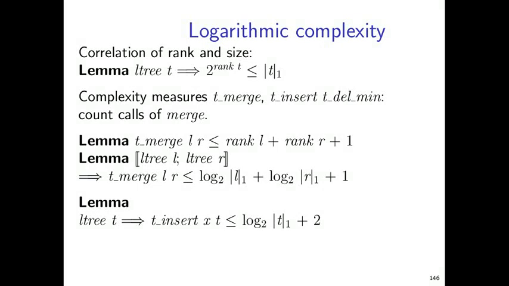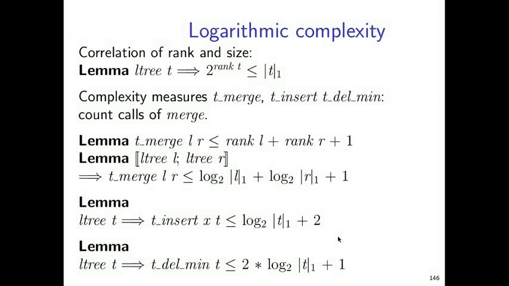So then we can derive the other ones. Insert is just merge with a singleton tree. We construct a singleton tree in constant time, and then we merge, which is logarithmic time, so we get this measure.